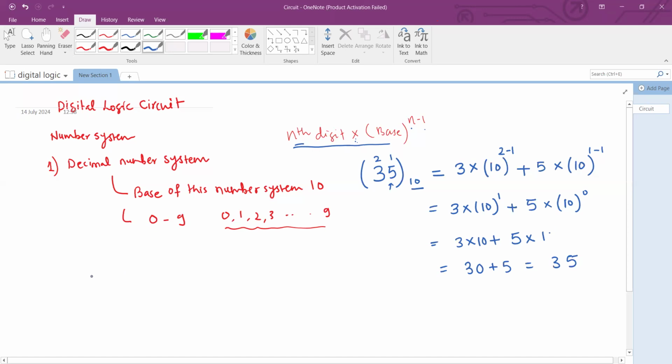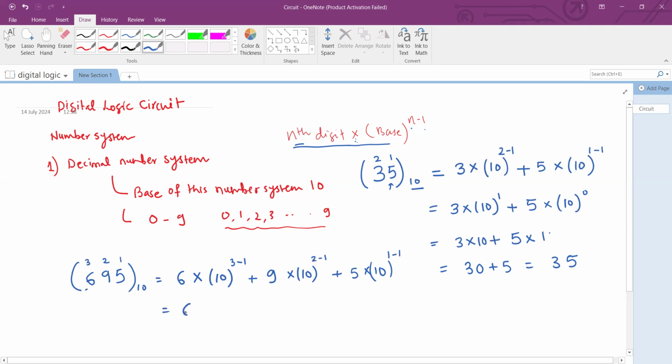Okay, let's have a second example. This one is the second example. Now 6, 9 and 5. So I will write these positions, that is 1, 2, and 3. So my nth digit is now starting from 6, and for this the nth digit is 3. So I will write for the 6, 6 into 10 to the power 3 minus 1, plus 9 into 10 to the power 2 minus 1, plus 5 into 10 to the power 1 minus 1.